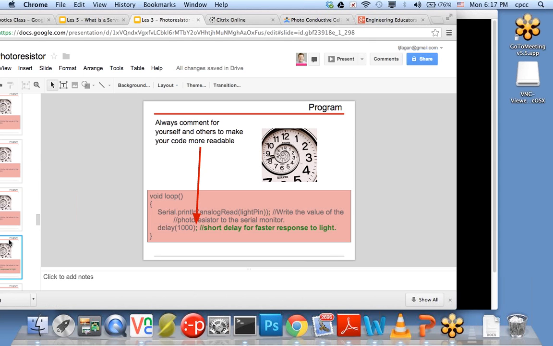So then we're going to stick a delay in here. The delay function stops and halts the program just for the recommended time or the time allocated in the parentheses. So in this case, this is 1,000 milliseconds, and 1,000 milliseconds does equal 1 second. So let's continue on.